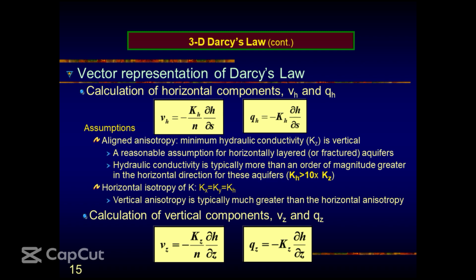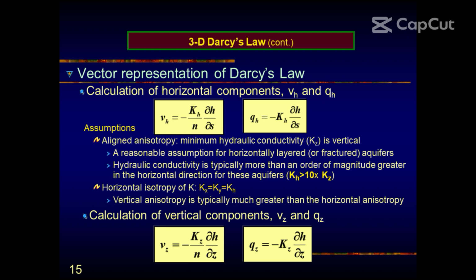For the complete system, we have aligned anisotropy, and we are neglecting Kz. But horizontally we have horizontal isotropy, because horizontally we still have 2 values of K, Kx and Ky, and we are saying they are the same, because they don't differ much. But they differ greatly when you compare them with the vertical component.